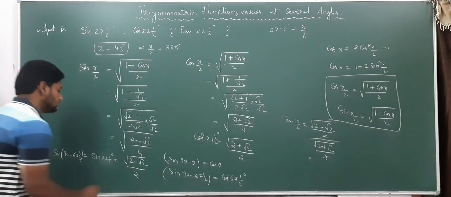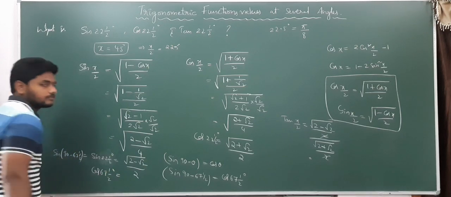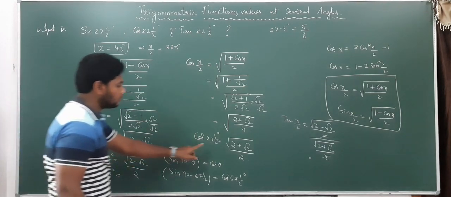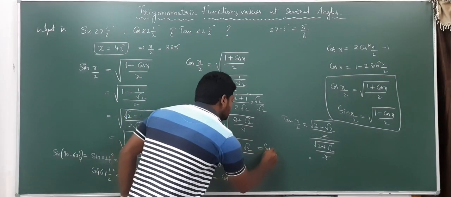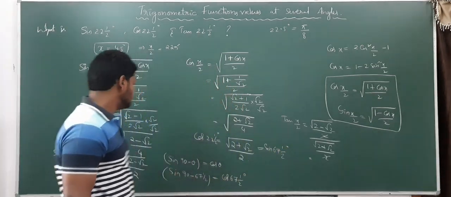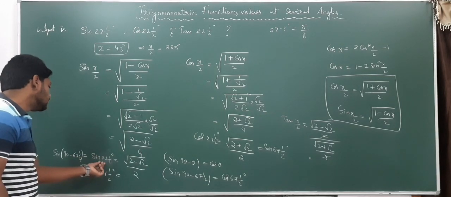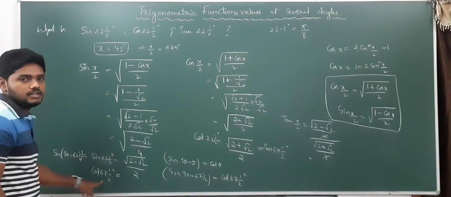That means this value is also equal to cos 67.5 degrees. Understanding? See, if you get sin 22.5 degrees, that value is also equal to cos 67.5 degrees, right? Why?